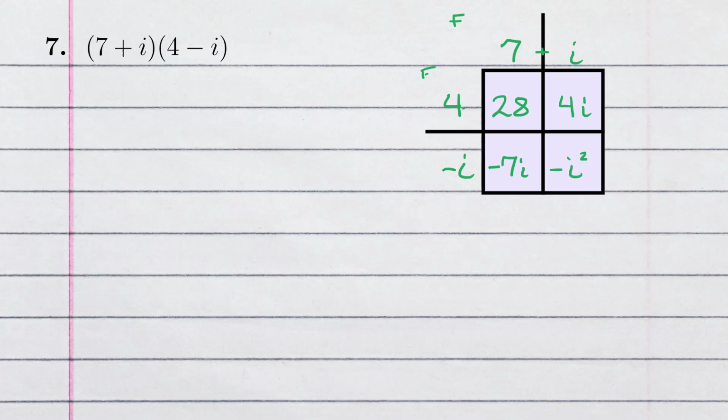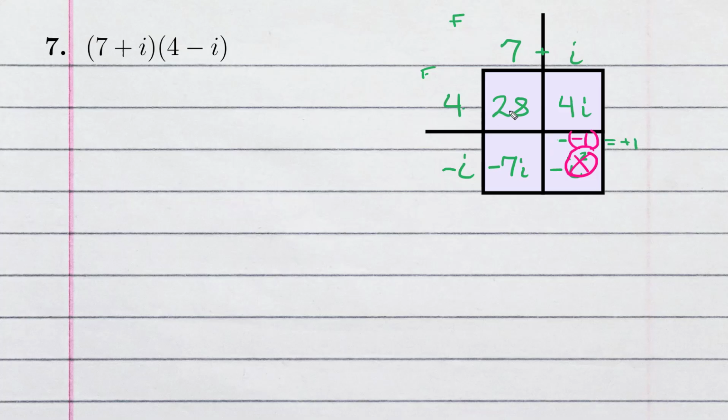So that i squared showed back up. That becomes -1. So you have still that negative from the problem. So a -1 becomes a +1.